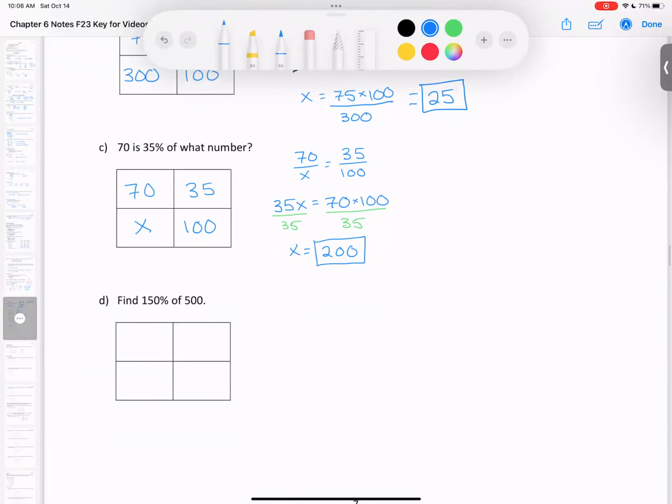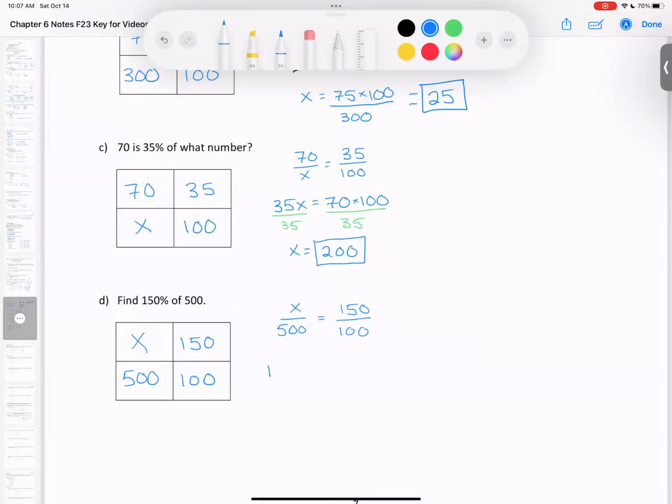Okay, the next one is a little bit different in that we have a percentage that's more than 100. So we have more than 100% of something, but we do it the same way. So we want to find 150% of 500. So our rate is 150. It's always out of 100. And it's of 500. So 500 is our base. So our amount is what we're looking for here. So we would have x over 500 equals 150 over 100.